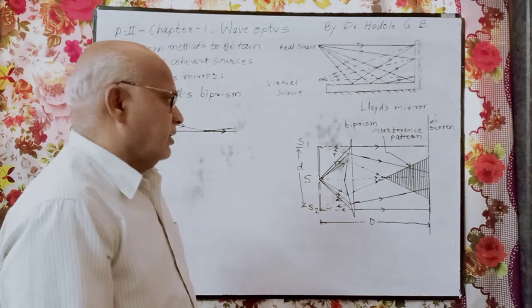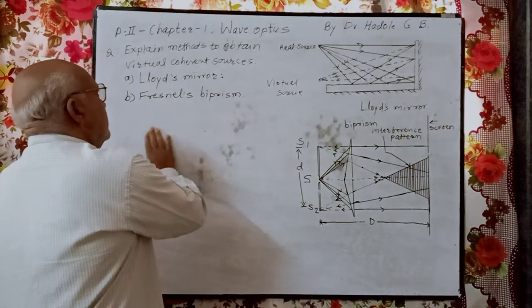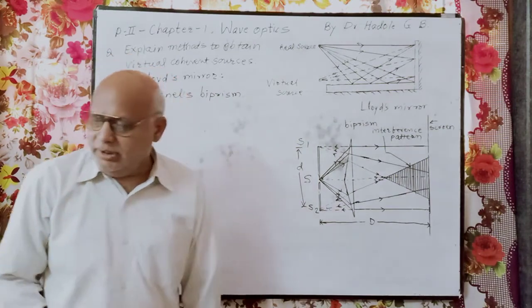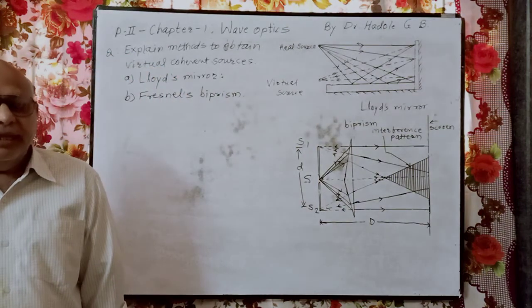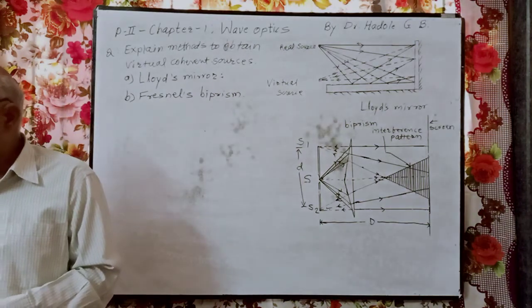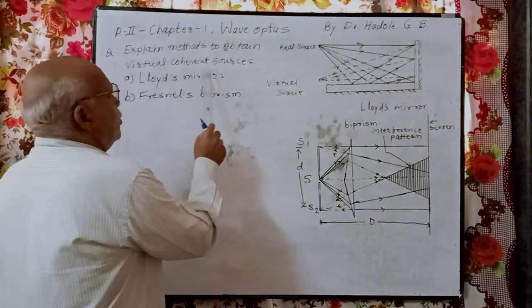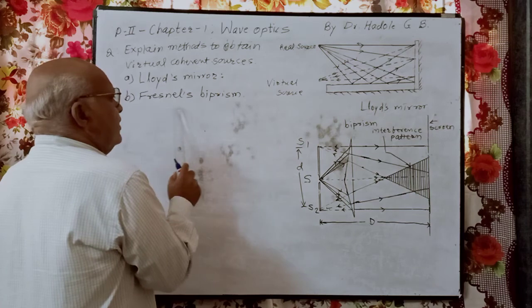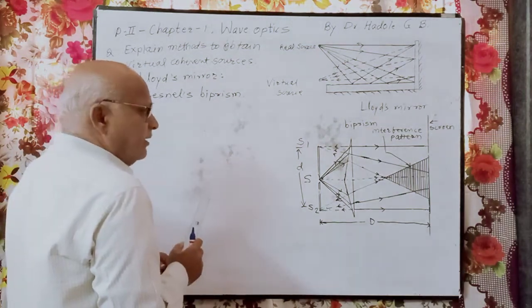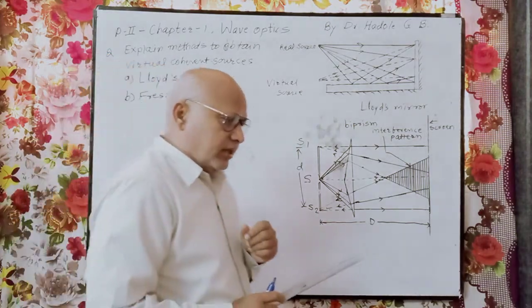Another method to obtain virtual coherent sources, which are not real but virtual, is by using Fresnel's biprism. What is a Fresnel's biprism? See here, it is the combination of two prisms.